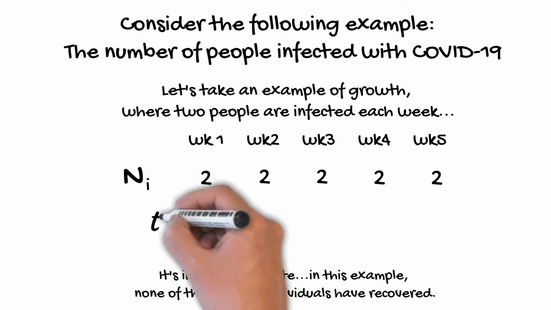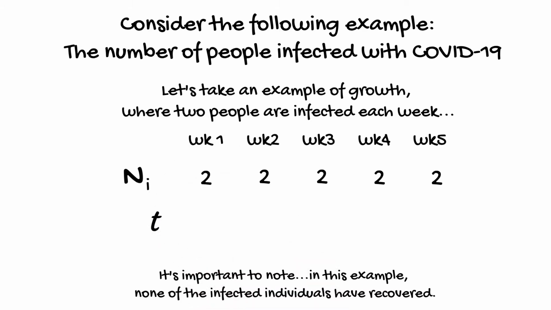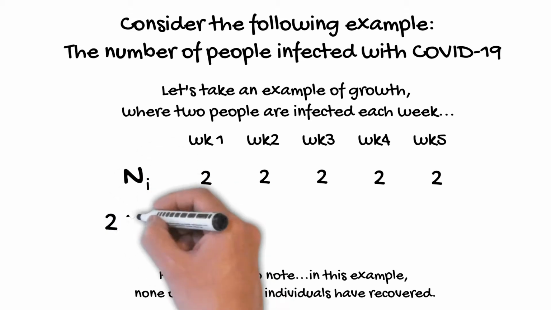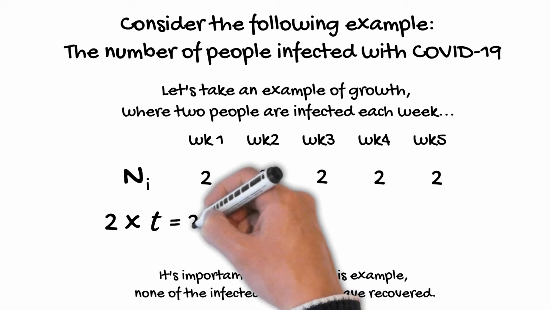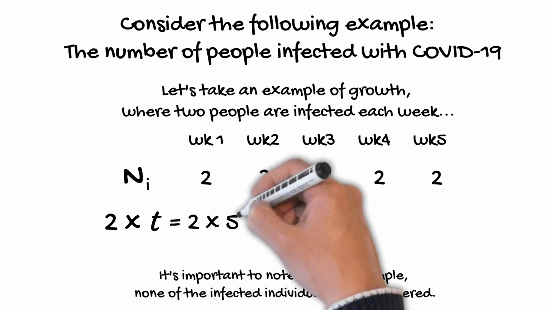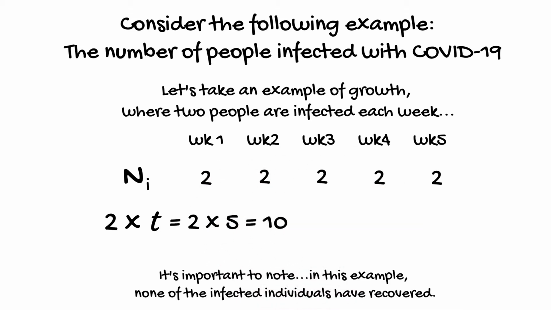And the number that's growing each week is 2. So then 2 times T, very simple equation, the number at the end of T weeks, and in our case here when T is 5, the answer is simply, at the end of the 5 weeks, it's 2 times 5, 10 people infected.